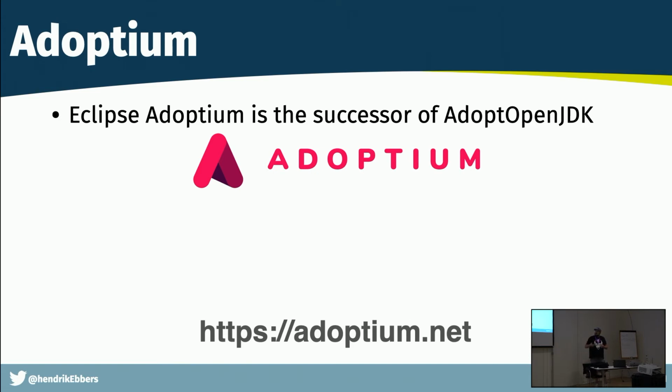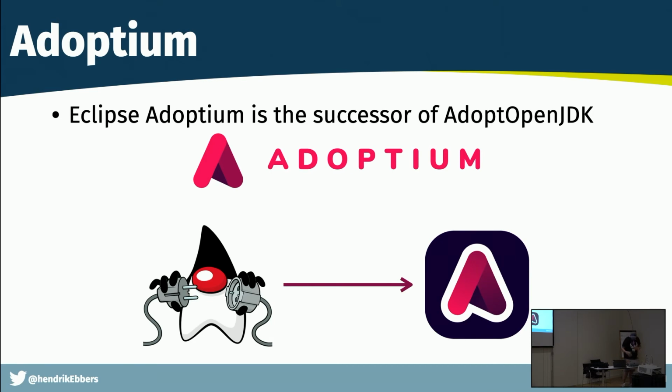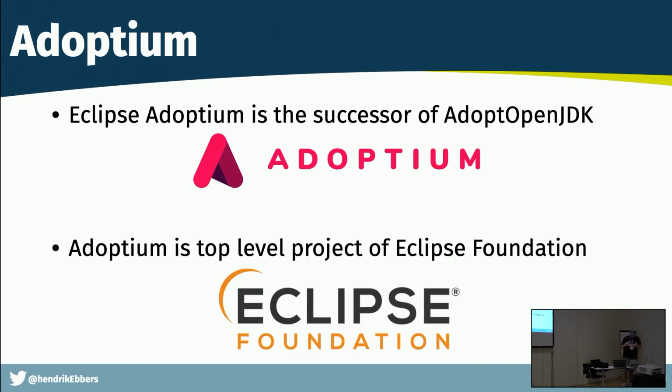Then the first actions of the group happened in the London Java User Group, and till the end, the London Java User Group was like the organization behind AdoptOpenJDK, and all the machines that I used to build Java for different operating systems and architectures were all paid by a credit card from the London Java User Group. And based on this, we decided to join the Eclipse Foundation and become Eclipse Adoptium as a top-level project of the Eclipse Foundation.